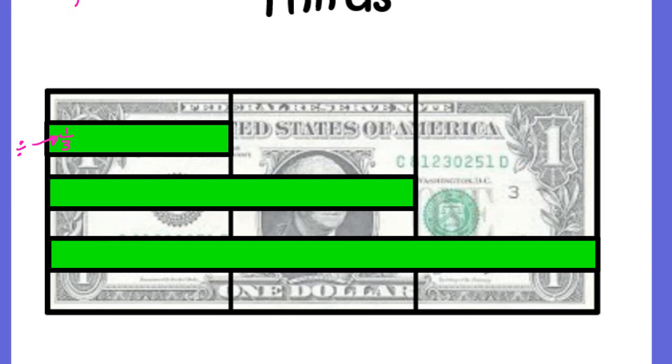So 3 doesn't go into 1, but when I added the 0, 3 goes into 10 3 times. And 3 times 3 is 9, subtract, 1 remainder. So I can add another 0 and bring it down. And I get 10. 3 goes into 10 3 times. 3 times 3 is 9, subtract, 1 remainder. So I could add another 0, bring it down. I have 10. 3 goes into 10 3 times.